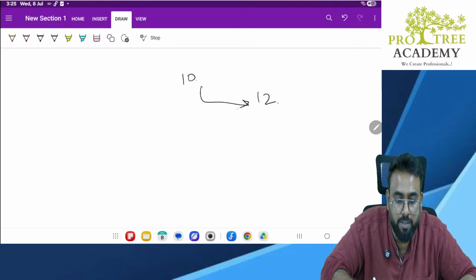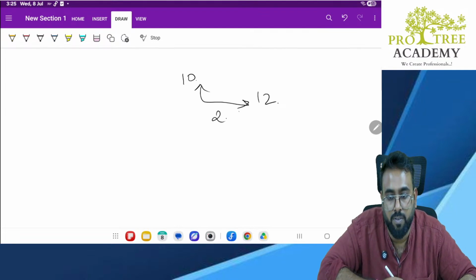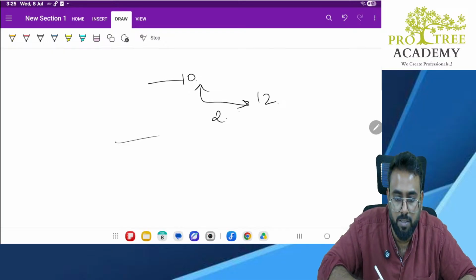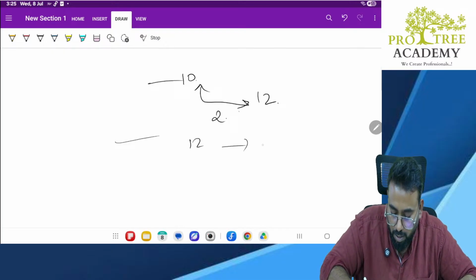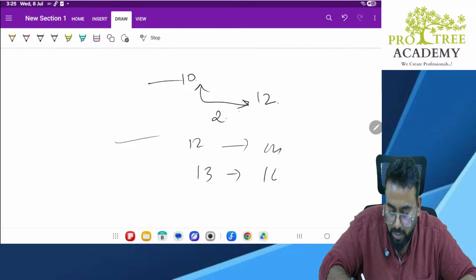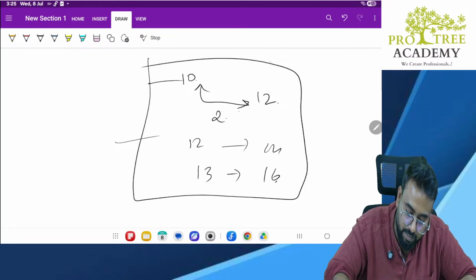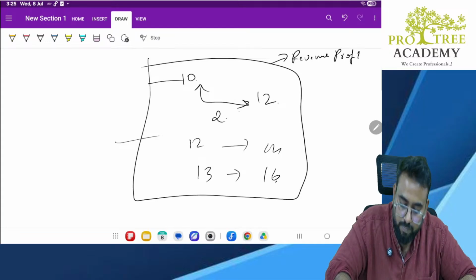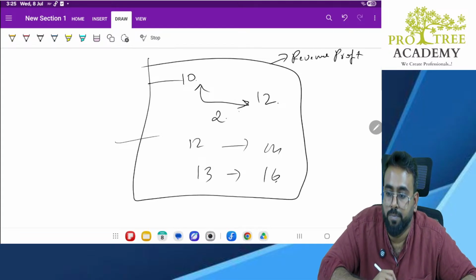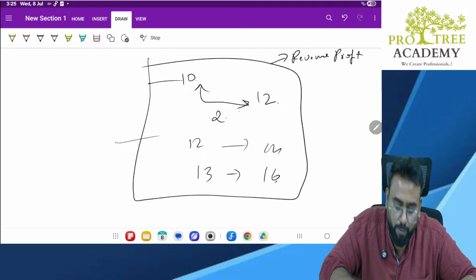Did you make the profit? 2 rupees. Like that you do every day. Correct or no? Next day 12 rupees, 14 rupees, 13 rupees, 16 rupees. Correct or no? This is called as revenue profit.